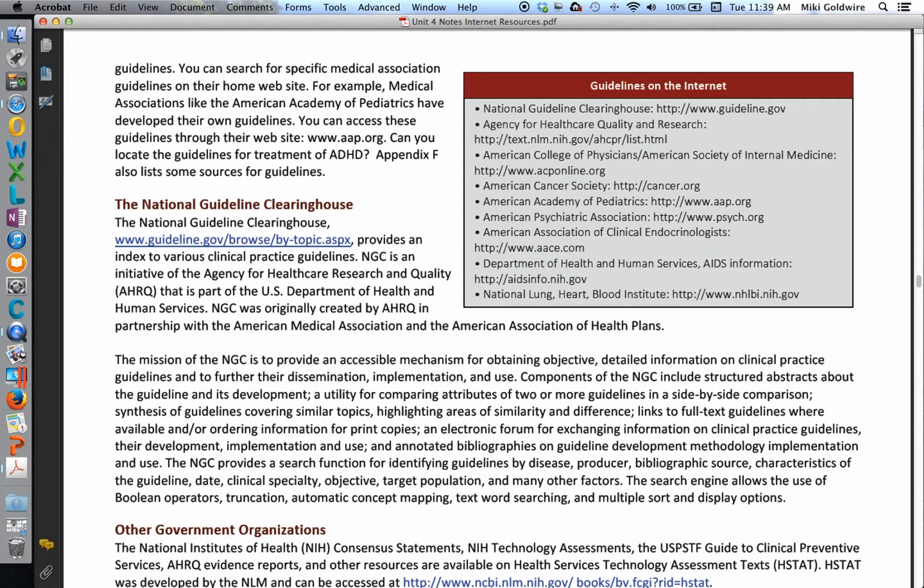The mission of NGC is to provide an accessible mechanism for obtaining objective, detailed information on clinical practice guidelines and to further their dissemination, implementation, and use.